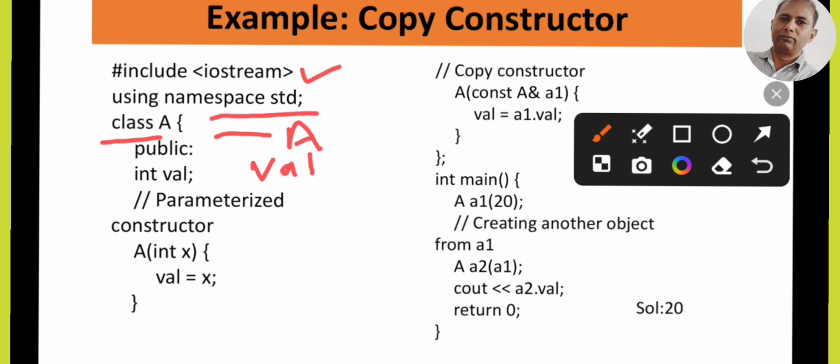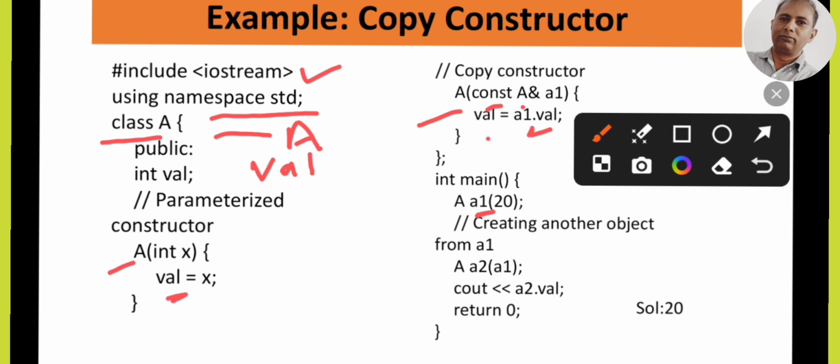How we have made it: we write the name of the class, then x, and this x will be copied in this variable. Now we want to make the copy constructor. So we write the name of the class, the const keyword, then again the name of the class, then the object. For example, here we have made one object a1, so we write the object. Now we can pass this previous object's member value to this variable.